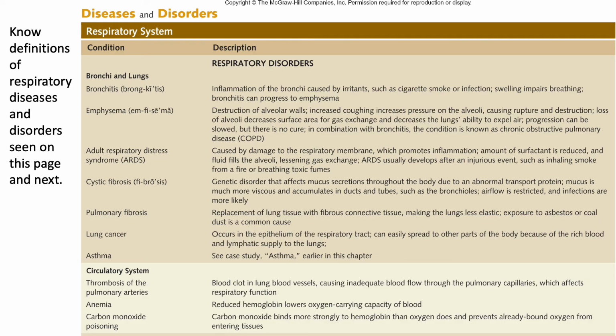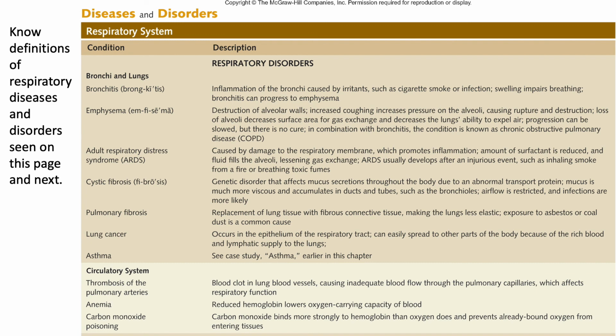So just know some of these respiratory diseases. I will give you definitions pretty much verbatim that you see here, and be able to just give me the definition of the respiratory disorder. Emphysema, very interesting one, because when you combine it with bronchitis, then you get COPD.